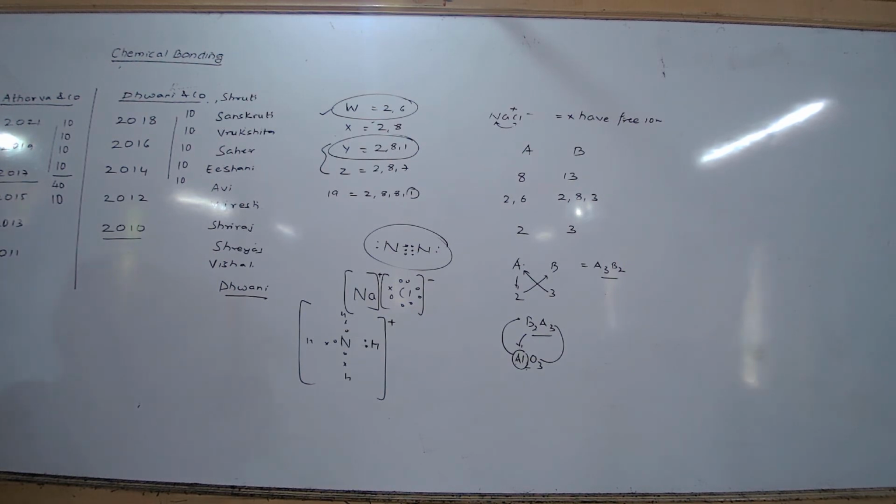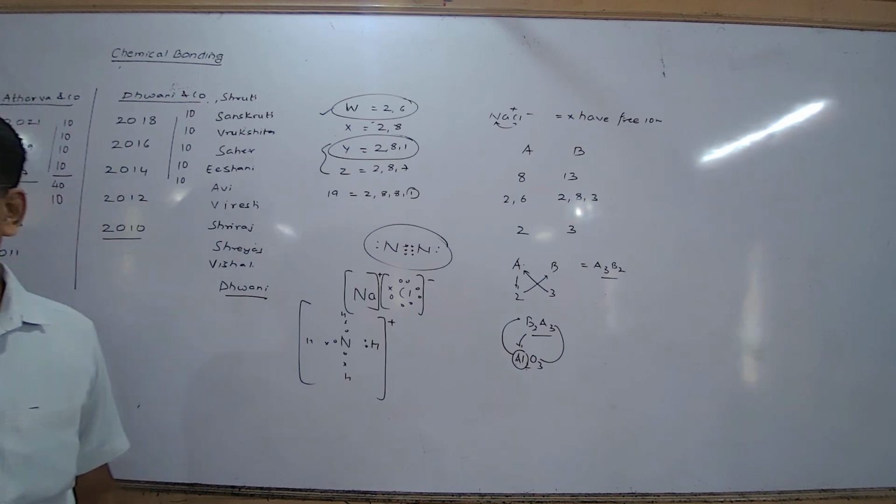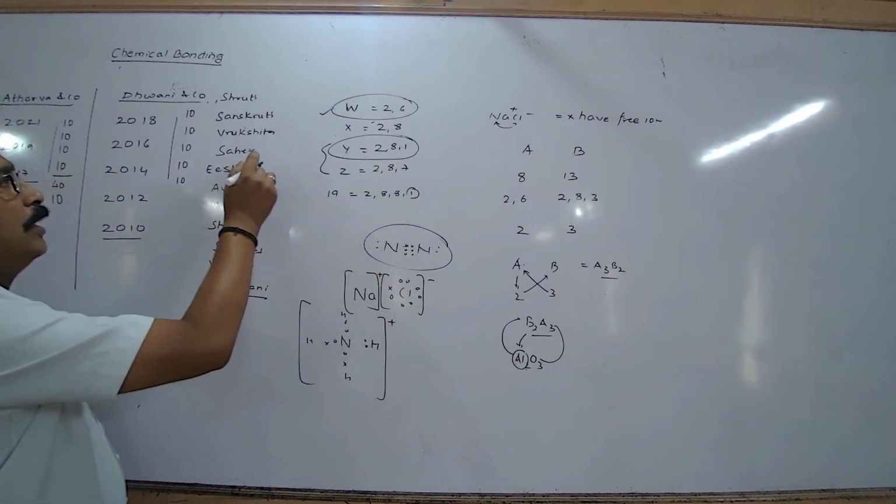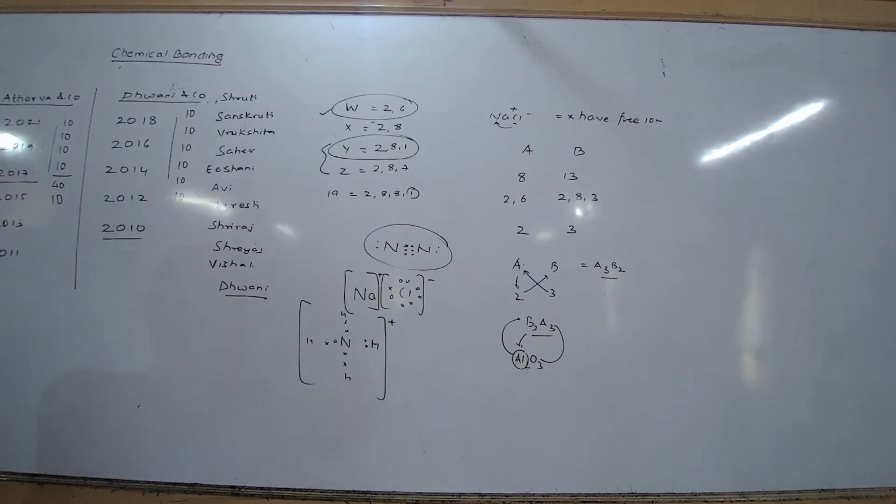Ishani: most likely to combine chemically with the element whose atomic number is 17. Yes, 17 because it has 7 electrons. That means it is ionic, right? Because that one has one electron and this has 7. Good.